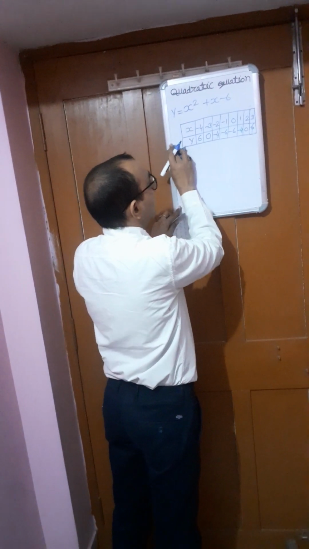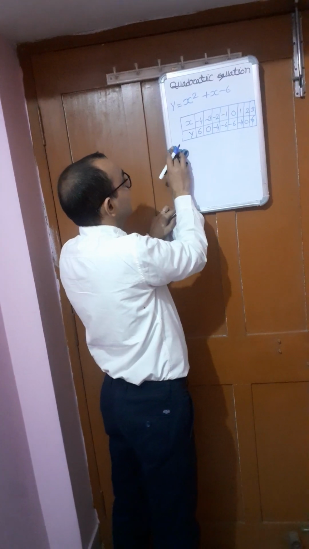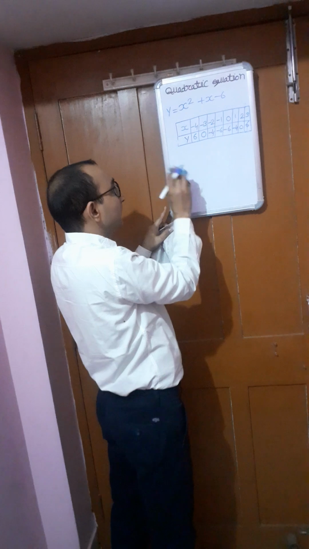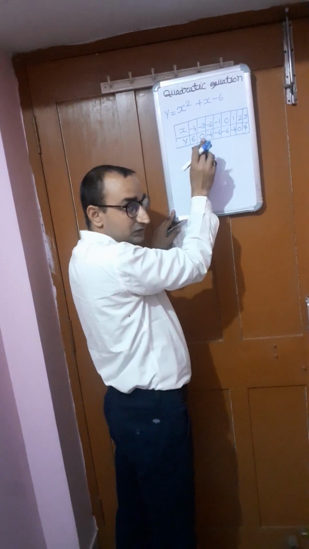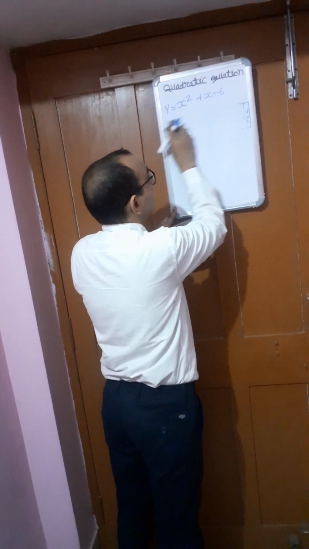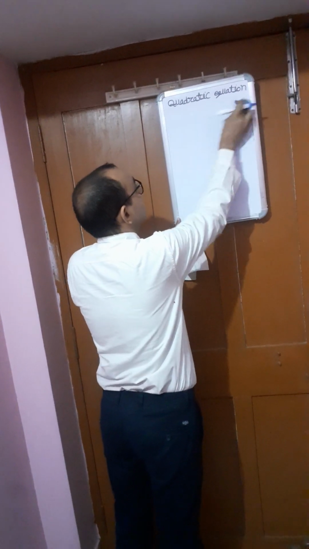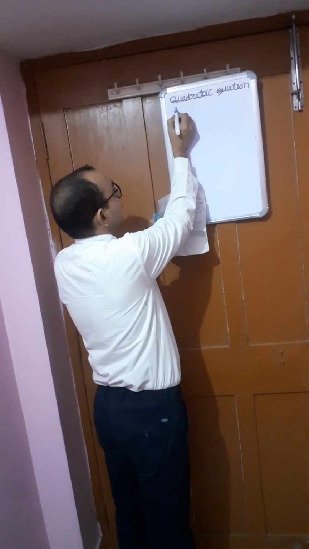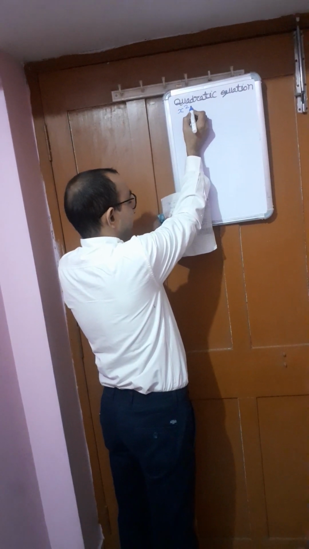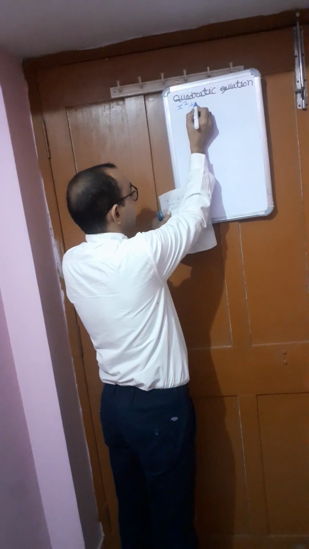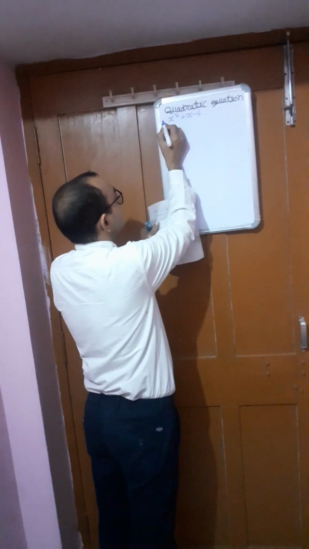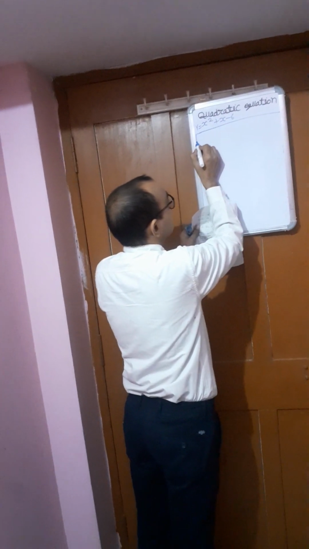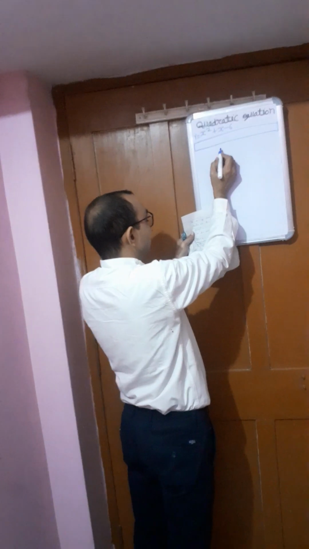So we have to represent this on the graph paper. I am going to write the equation, x square plus x minus 6 equals y, slightly on the upper side, because space is not available here.